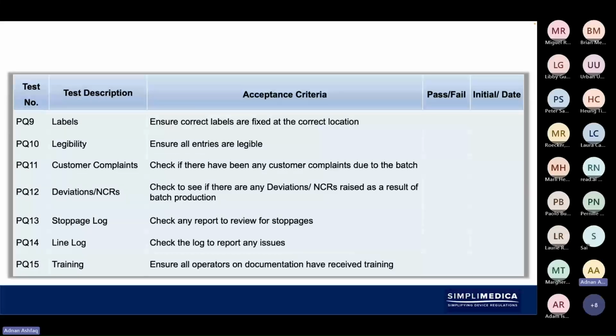And that's where your CAPAs, your deviations, non-conformances that have been raised, you would then be revalidating. So there is also an audit trail and traceability requirement for that as well. Any stoppages could also be reported, a line log. These are good practice initiatives that you should have regardless.